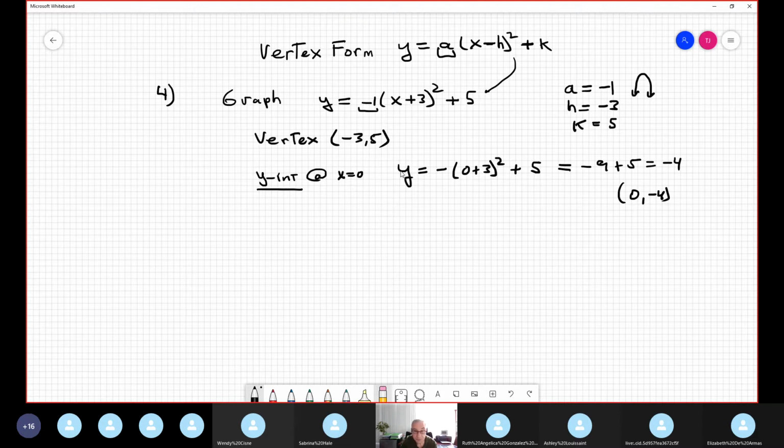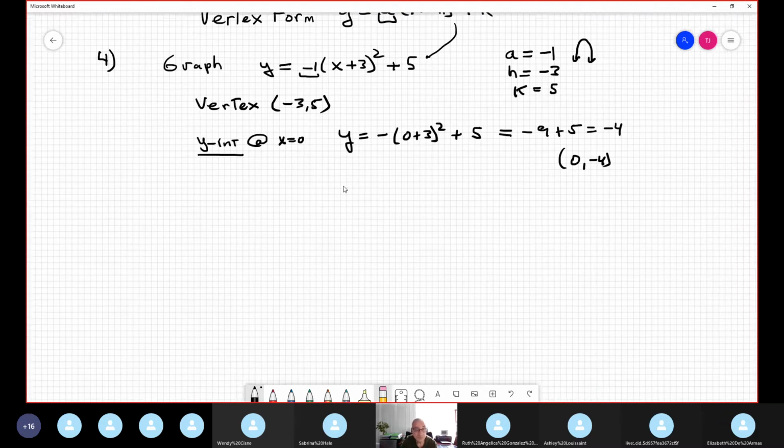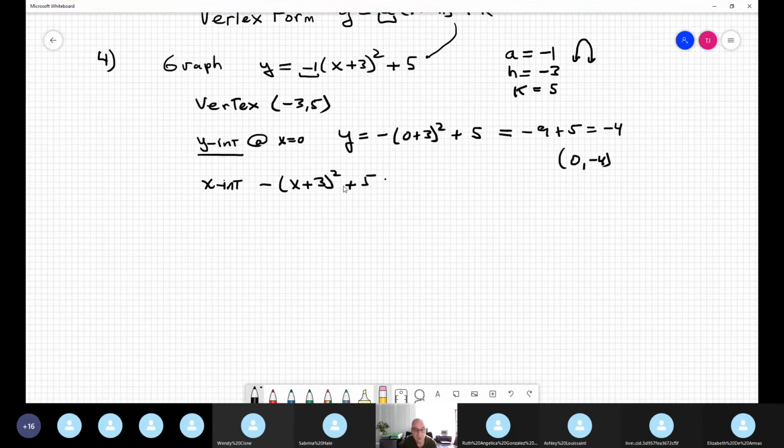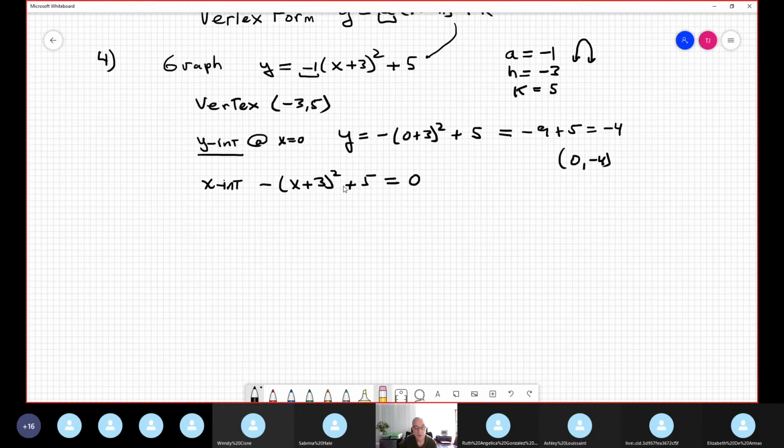Okay, my x-intercept: you take the original function, which is minus (x plus 3) squared plus 5, and you force it to be equal to 0. And you solve this quadratic equation. In my opinion, the best way for solving this quadratic equation is using the square root, because I take advantage that somebody did the factorization for that part.